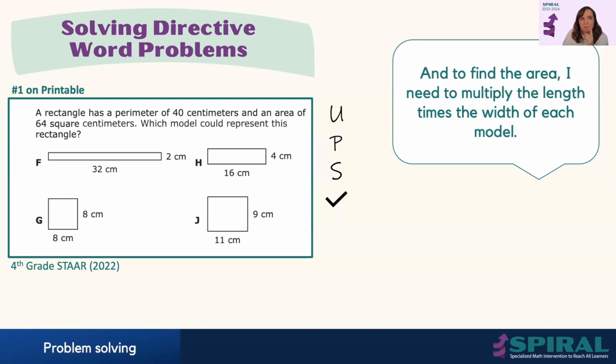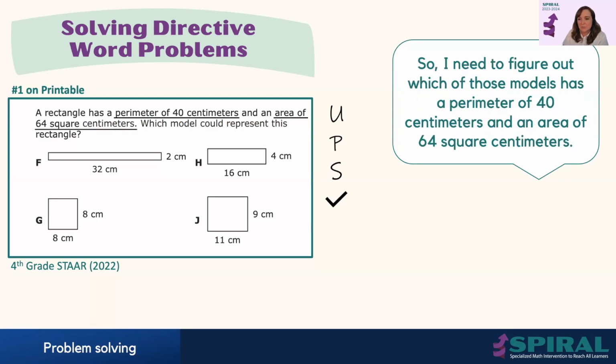And then if I'm thinking about the area of rectangles, that means I would multiply the length times the width. And I would do that for each of those rectangles. So I'm doing all of this thinking about area and perimeter to help me with the understanding of what I'm going to need to do in this problem.